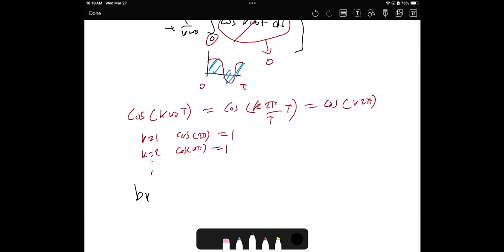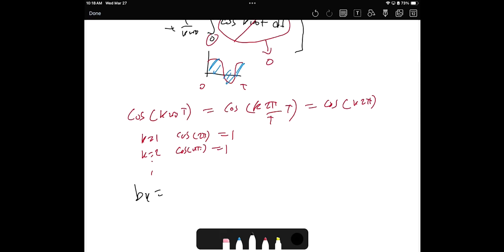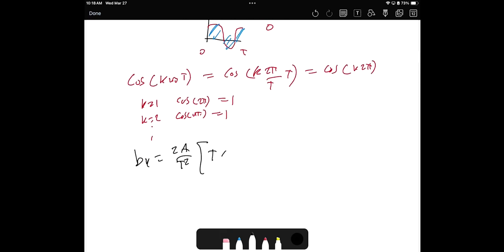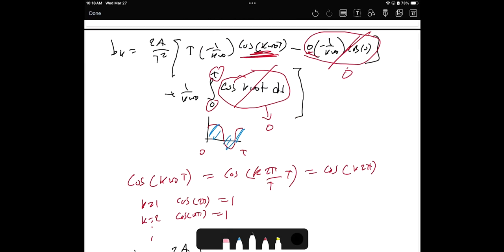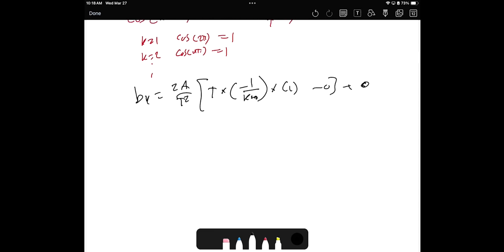Then we can say b sub k will be 2a over T squared, then this integral is T times 1 over k omega naught times cosine, which is 1, minus 0, then plus the integral, which is 0. Then we can simplify it more.